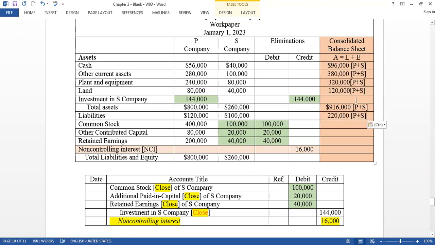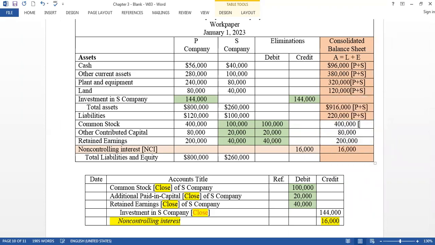Yes. So we already recorded the subsidiary's assets. We already recorded the subsidiary's liability. So we don't need to keep this again. So we close it. Then this $16,000 will go under the equity section of the parent's company, right? And we have these parent company's equity we put here.